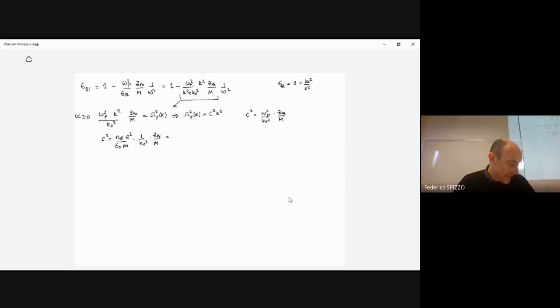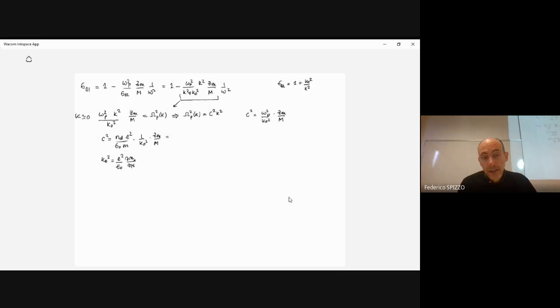At this point, what is k0 squared equal to? If you remember the calculation we did, k0 squared was equal to e squared divided by e0 times the derivative of the electronic density at equilibrium with respect to the chemical potential.